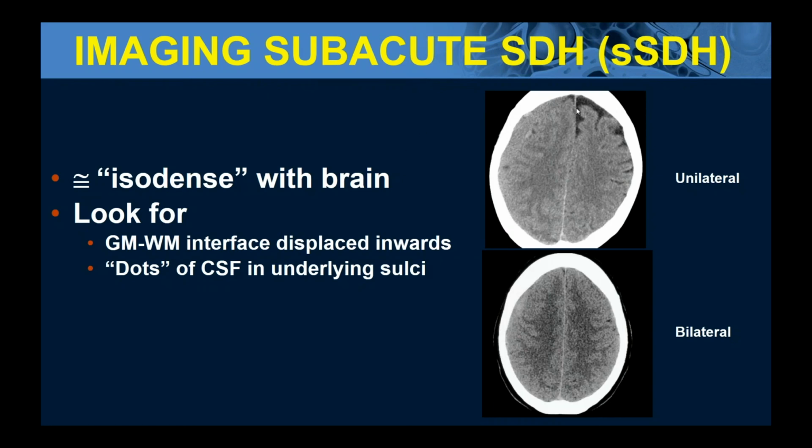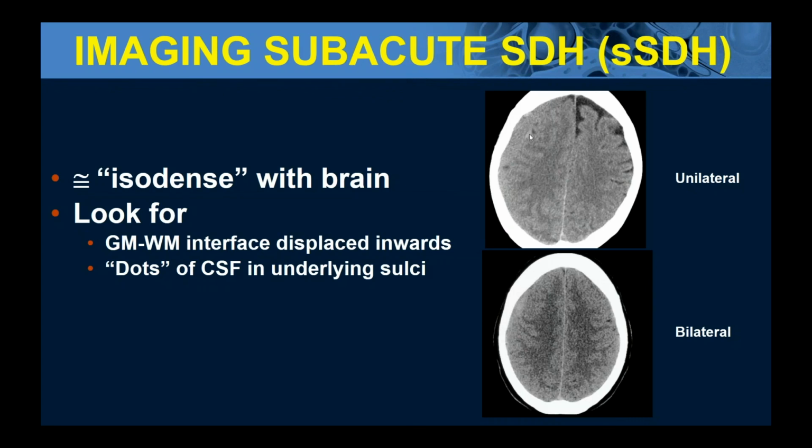Here's one that's unilateral. This is what the normal brain would look like, with dark gray spinal fluid overlying the surfaces of the brain and dipping in and out of the sulci and along the interhemispheric fissure. This patient has an isodense subdural hematoma, and it's almost exactly the same shade of gray as the underlying gyri.